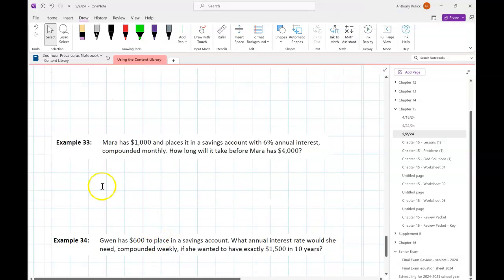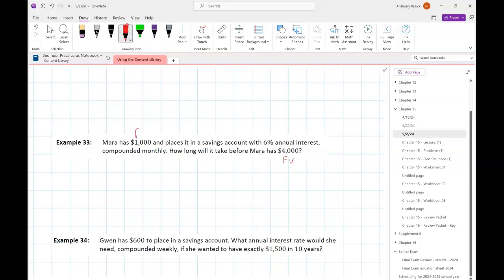All right. Let's say Mara has $1,000, puts it in a savings account, 6% annual interest compounded monthly. How long will it take before Mara has $4,000? So FV, PV, R, and then K is 12, right? What are we solving for? How long it takes.